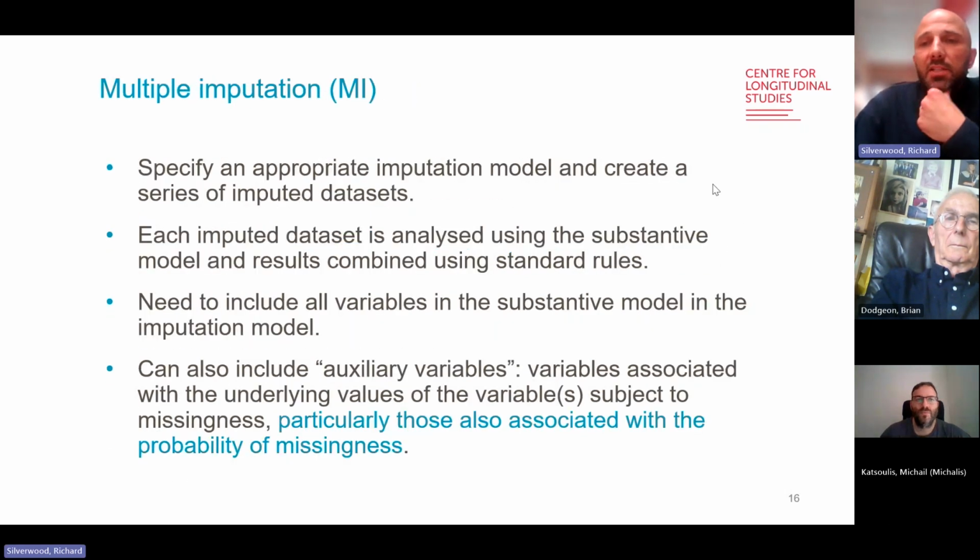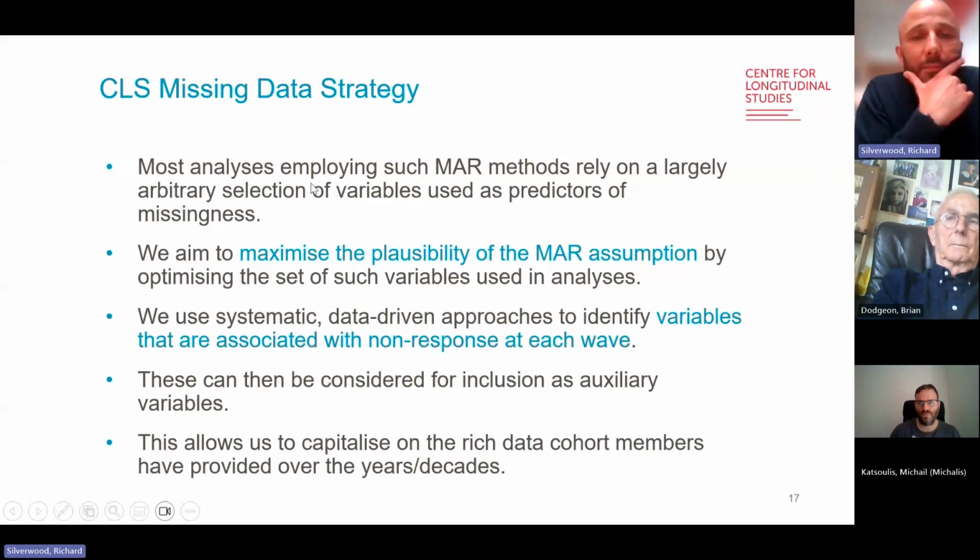So the strategy that we've been employing over the last few years across the cohort studies in CLS is trying to use this last point here to help us handle missing data in a more effective way.